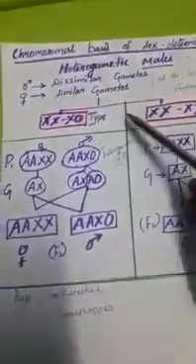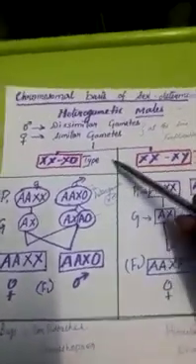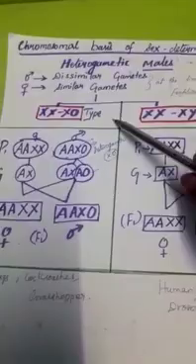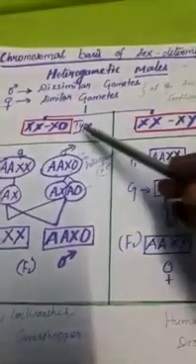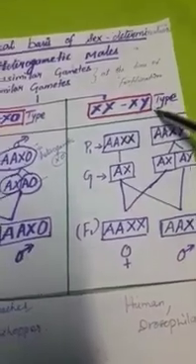Actually, these heterogametic males have two types of chromosomal basis of sex determination. First one is XX and XO type, second one is XX and XY type.